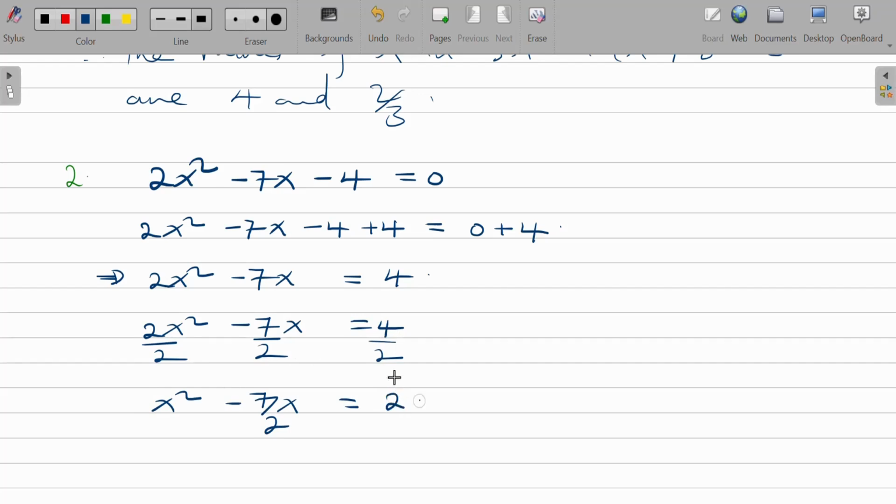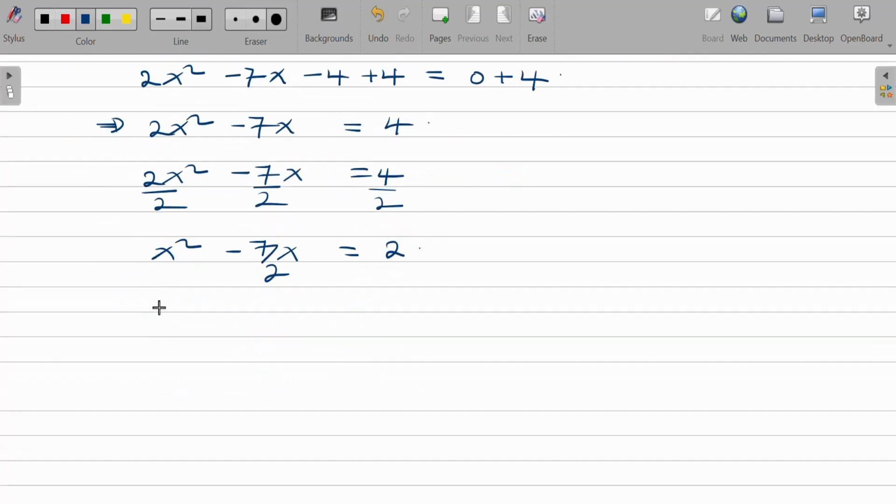Then from here, we are going to complete squares on the left hand side of the equation. So this implies that we are having x squared minus 7 out of 2x plus negative 7 divided by 4, the whole of it squared, being equal to 2 plus negative 7 out of 4, the whole of it squared.